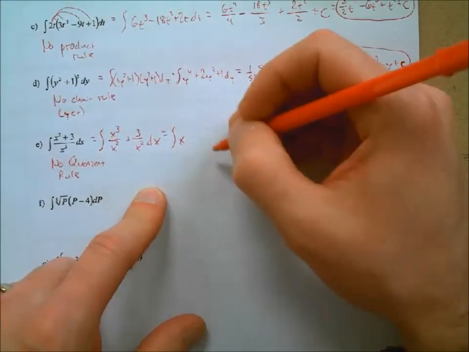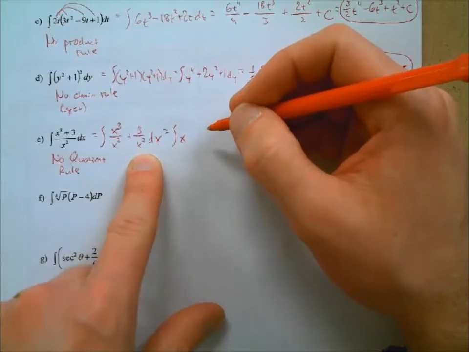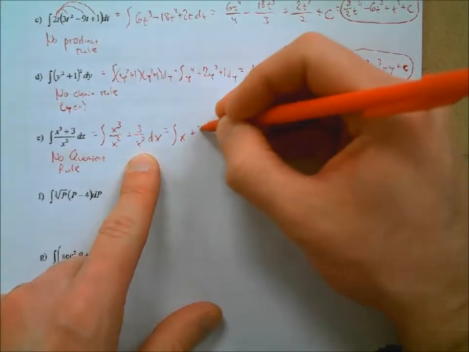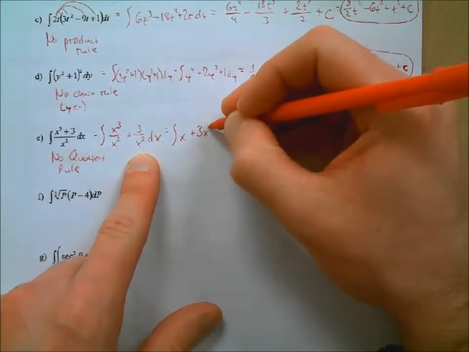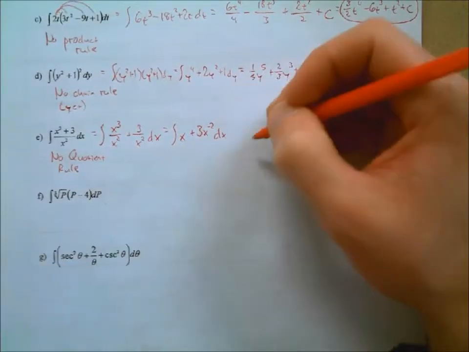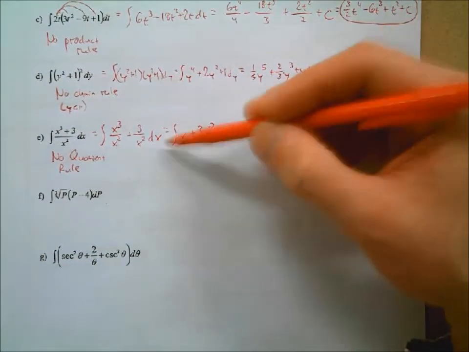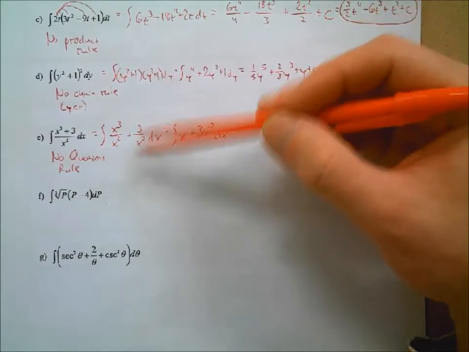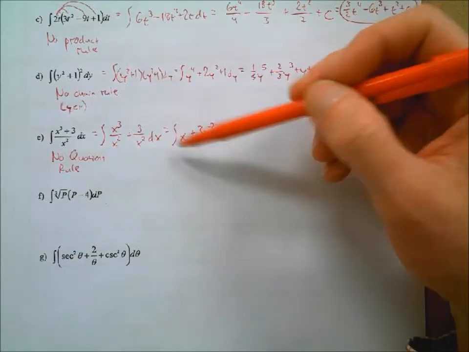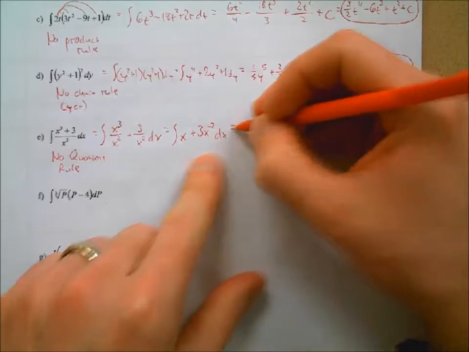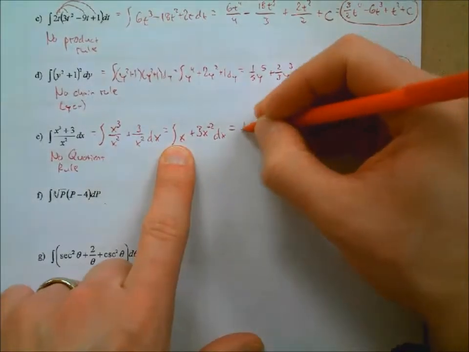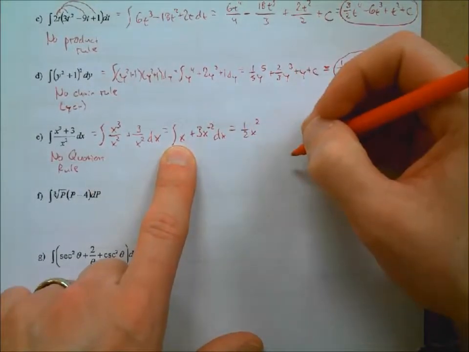Yeah. And then what about 3 over x squared? How can we rewrite that? 3x to the -2. Correct. Again, no integrating yet, right? We're just rewriting it. x cubed over x squared is x, and 3 over x squared is 3x to the -2 dx. So the integral of x is x squared over 2.